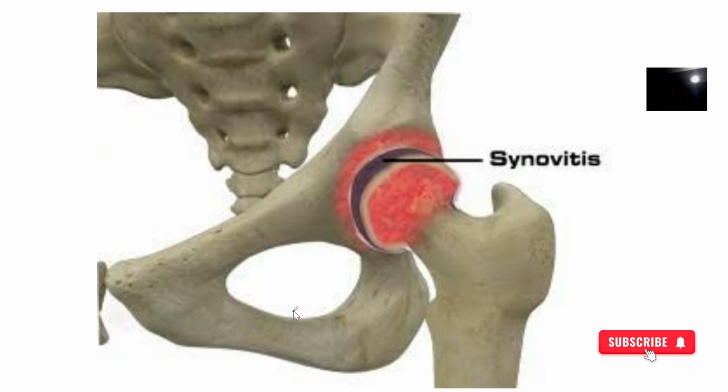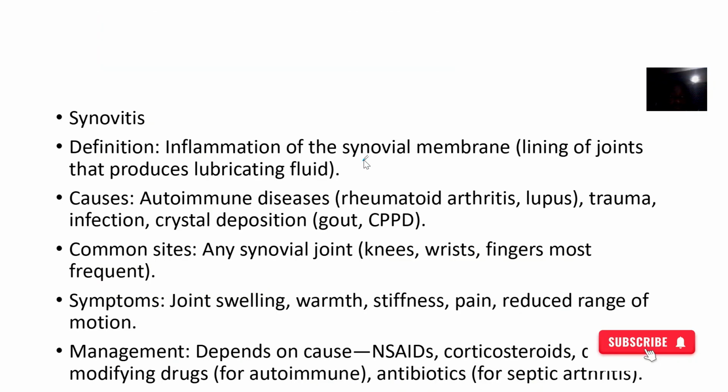Alright, synovitis is simply inflammation of the synovial membrane. That's the synovial lining. It is the membrane lining of the joint, and that's the place that actually produces all that lubrication.